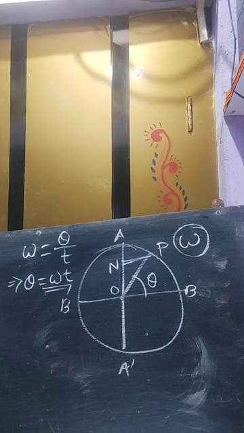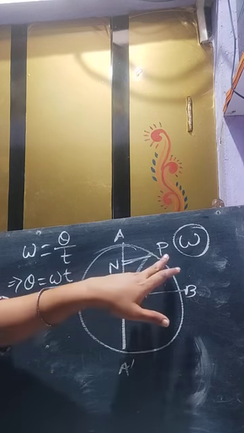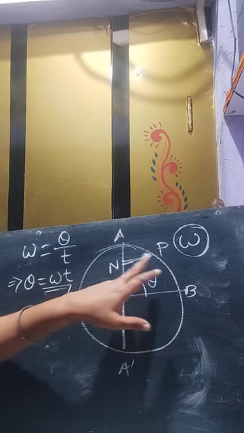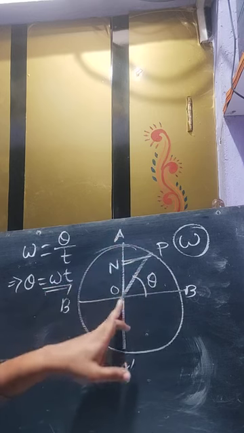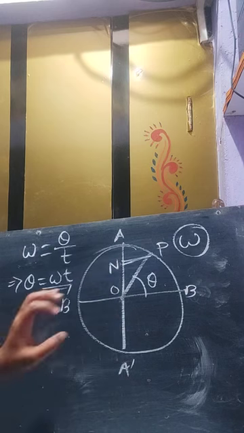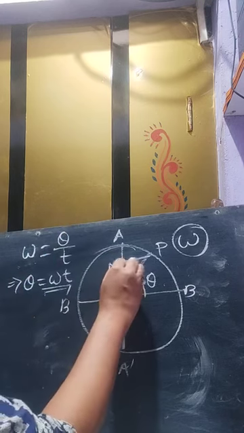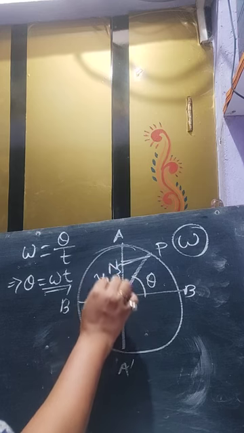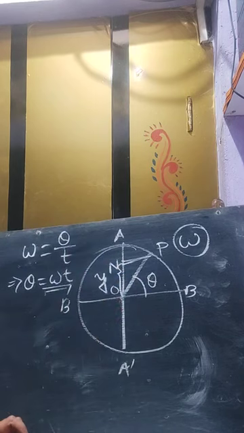In t seconds, the projection of the particle P on the diameter A dash A is at N. Suppose this ON is y. So ON is the displacement of the projection in time t.